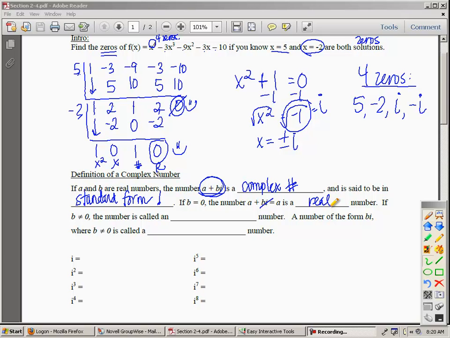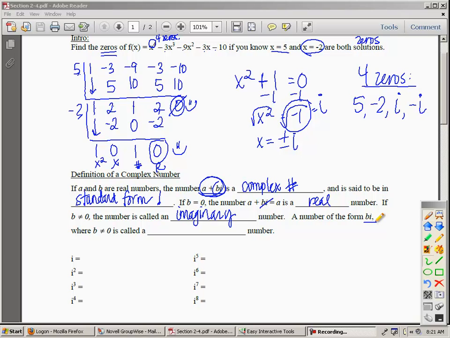Okay? If the b is not equal to 0, but maybe the a is gone, then it's called an imaginary number. Okay? So if b is not 0, if it has this bi portion, it's called an imaginary.